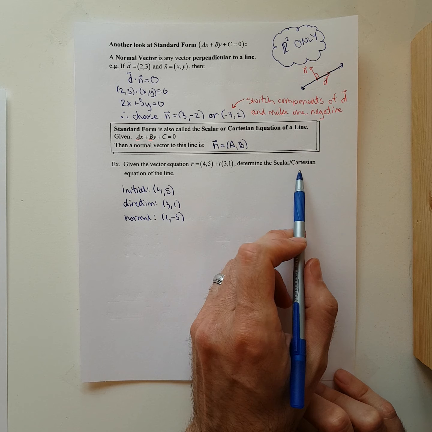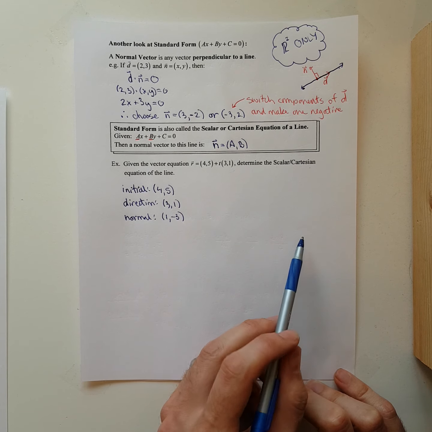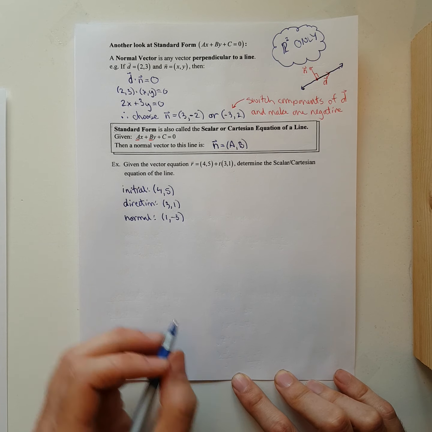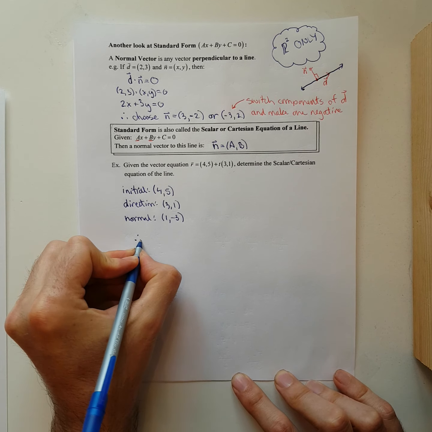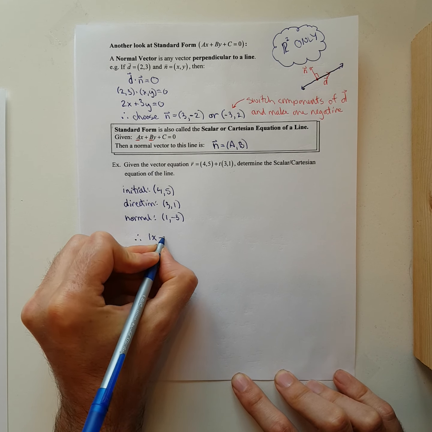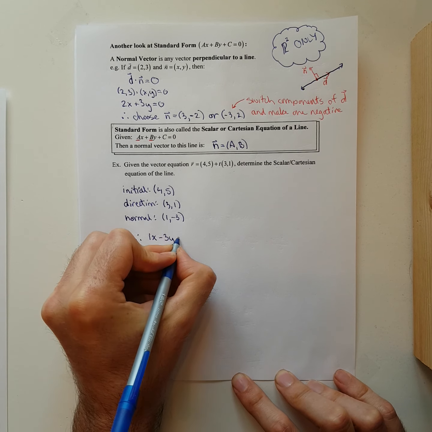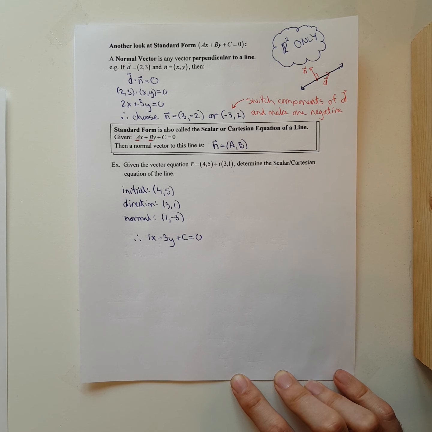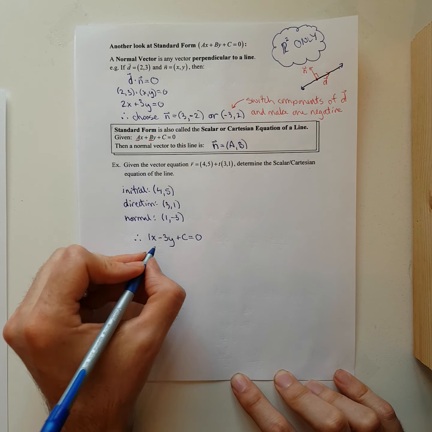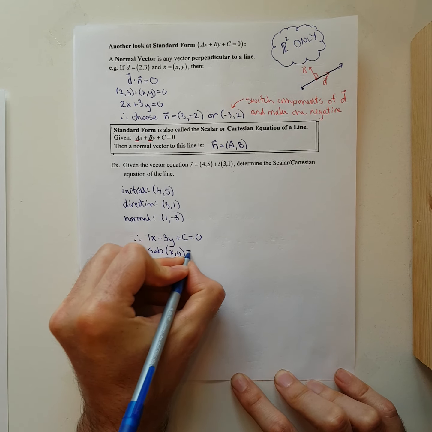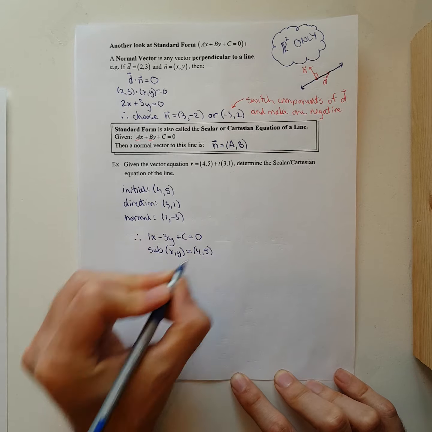That means that if I want to write the scalar equation, Cartesian equation, or as you are probably more familiar with it, called our standard form, we can now say, well, now I know that the a value is 1, the b value is negative 3. The only thing I don't know is what is that c value in that form. However, we have an initial point, so I can sub in for x and y, that initial point 4, 5.